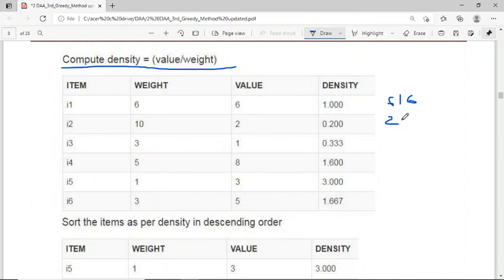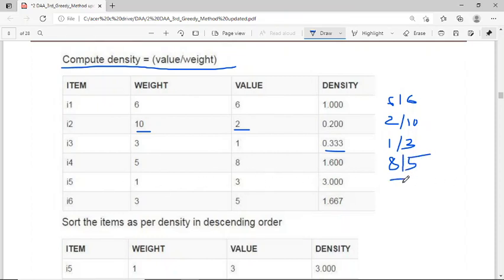Next, this is 2 by 10. Next is 1 by 3. We will get this answer. And next is value divided by weight, 8 divided by 5.